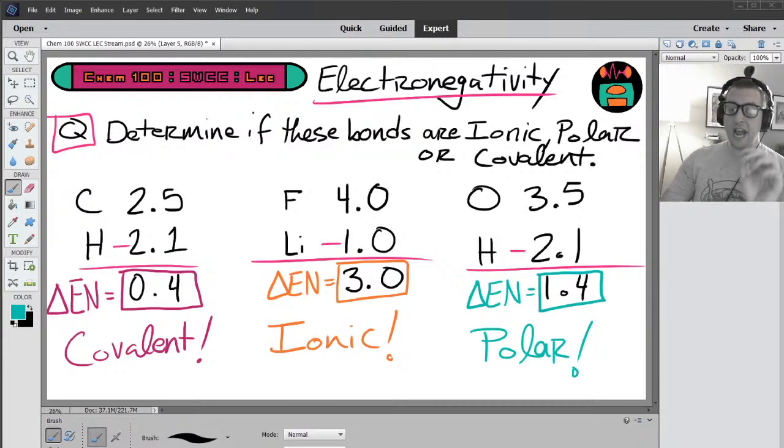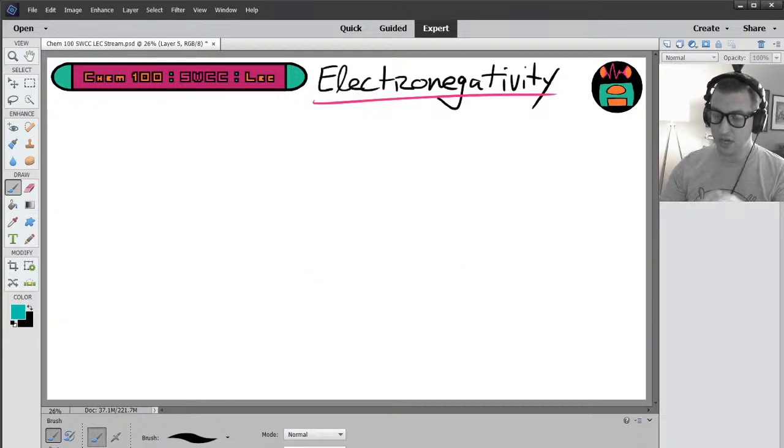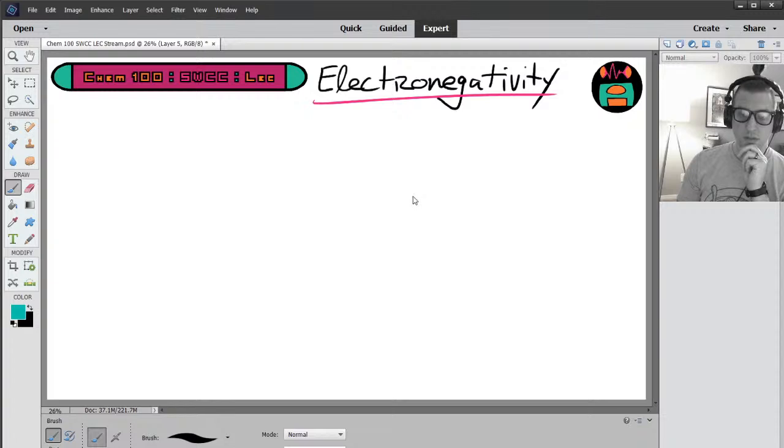All right. Now, to recap, the critical thing you've got to remember is polar bonds are in between 0.5 and 2.0.